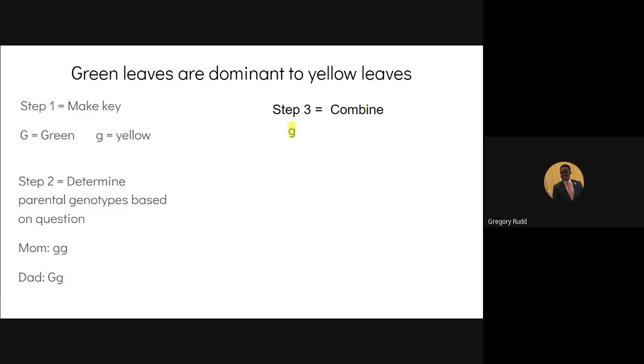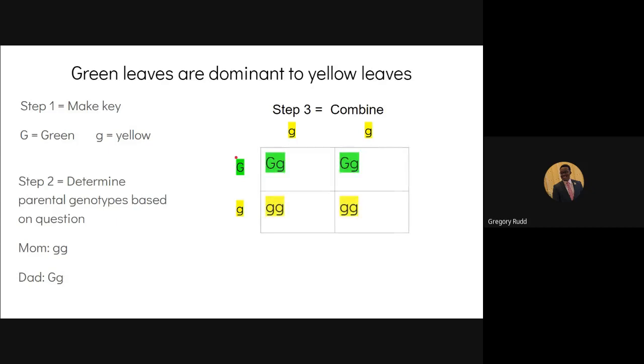So we're going to combine them. We're going to write mom's on top. She's got homozygous recessive, so we're just going to write her two lowercase g's. And then we're going to split dad's genotype up as well. He's got a heterozygous genotype, so one capital G, one lowercase g. Again, your capital G represents the dominant allele, which is green, so we highlight it in green.